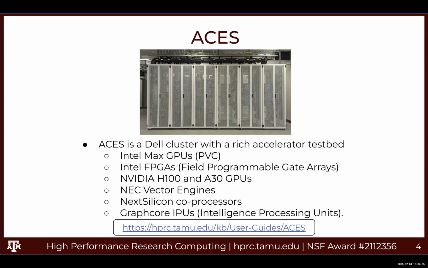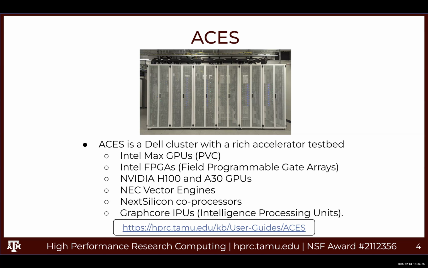And ACES is a composable cluster. And we're not going to go into that a lot either, but for those of you who know what composability means, basically it means that you can compose your hardware in a different way without actually changing out all of the connections and wires and things like that, but doing it through software. And so it's a relatively new thing that's still being worked on.